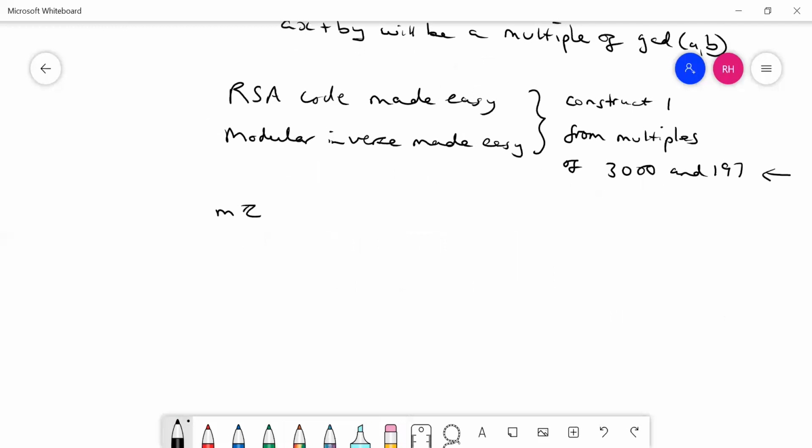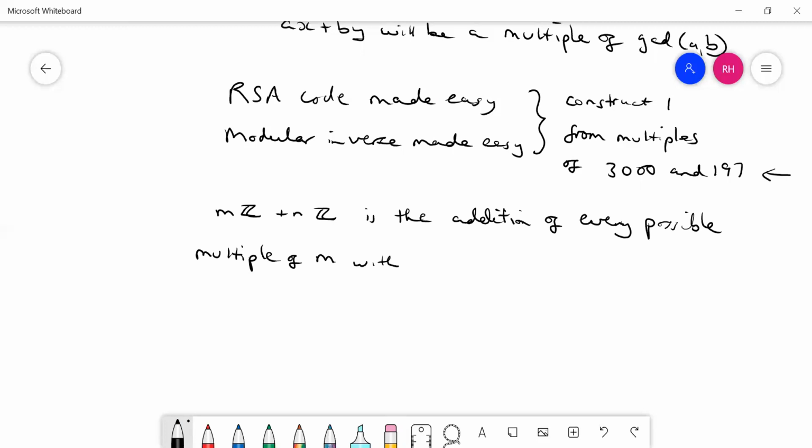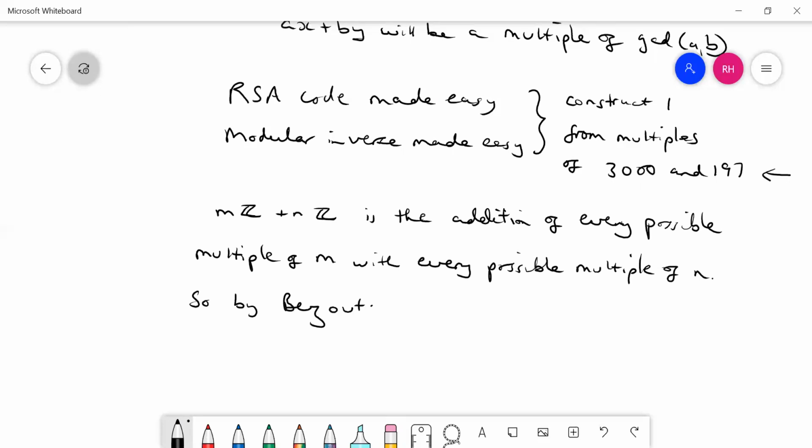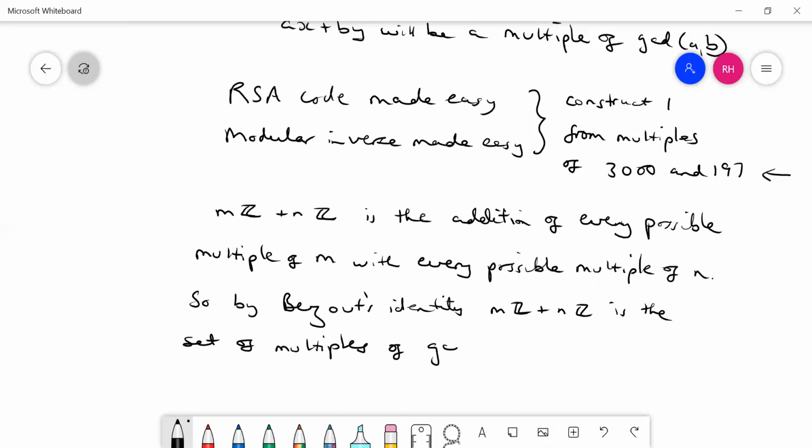MZ plus NZ is the addition of every possible multiple of M with every possible multiple of N. So by Bezout's identity, MZ plus NZ is the set, or the ring, I suppose, the set of multiples of the GCD of M and N.